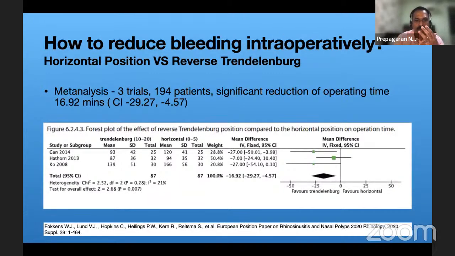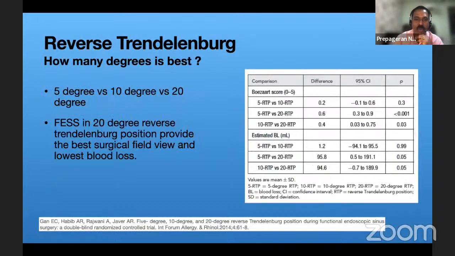Now, if you look at the meta-analysis, horizontal position or reverse Trendelenburg, this will convince you, simply because all 3 trials in the meta-analysis show a significant reduction that favors reverse Trendelenburg position. So again, reverse Trendelenburg, but how much? How many degrees? Interesting question.